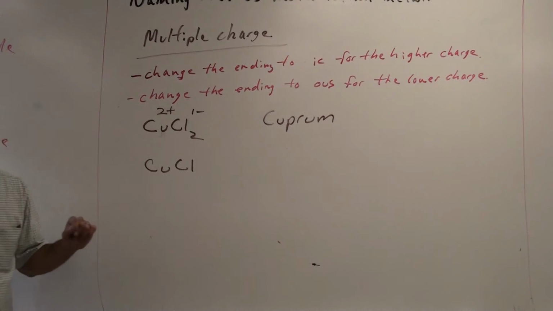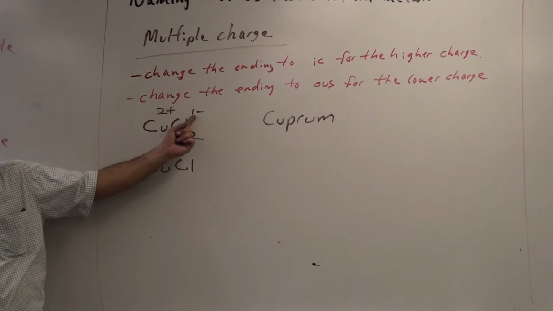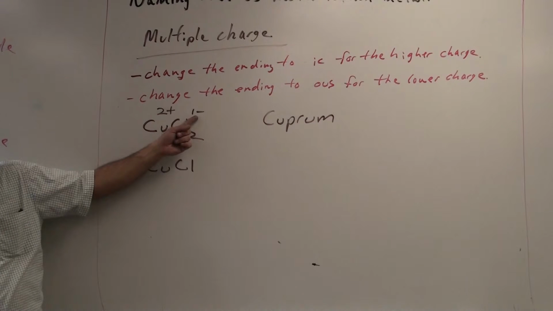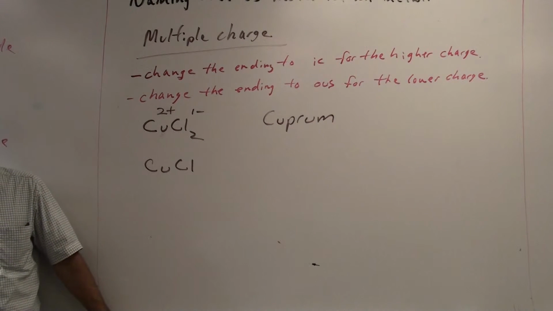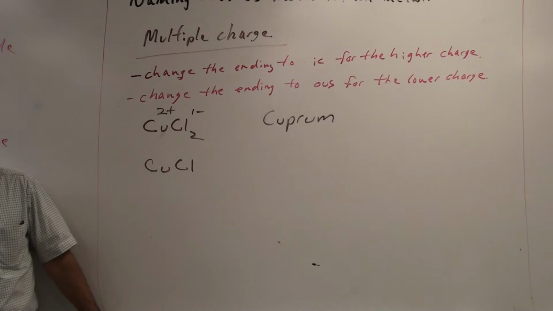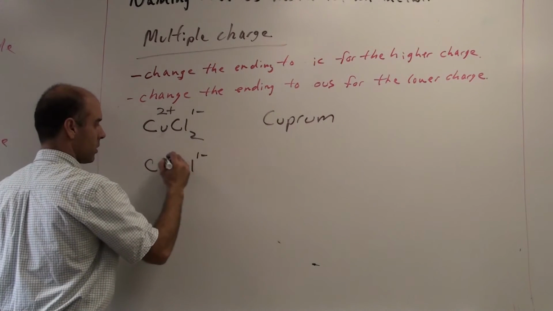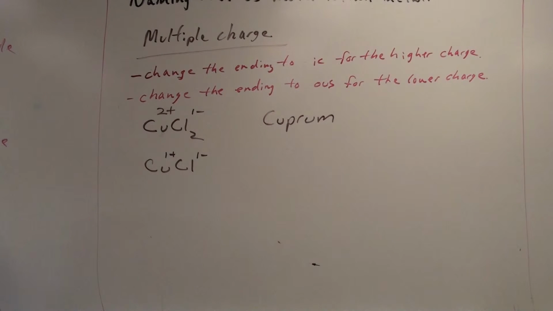So there's a -1 there, 2 times -1 is -2, the charge on that copper has to be a +2. Down here, the charge on the copper is going to be a +1.